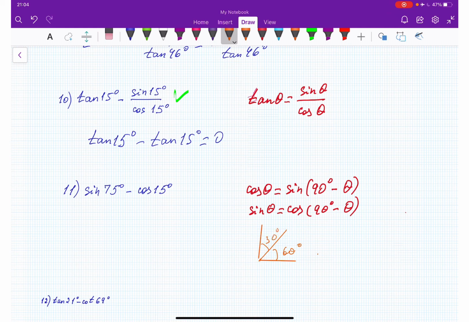If I add them, I get 90 degrees, right? That means these are complementary angles. So if the sum of these two angles makes 90 degrees, then we have complementary angles. If angles are complementary, then we can apply these formulas.